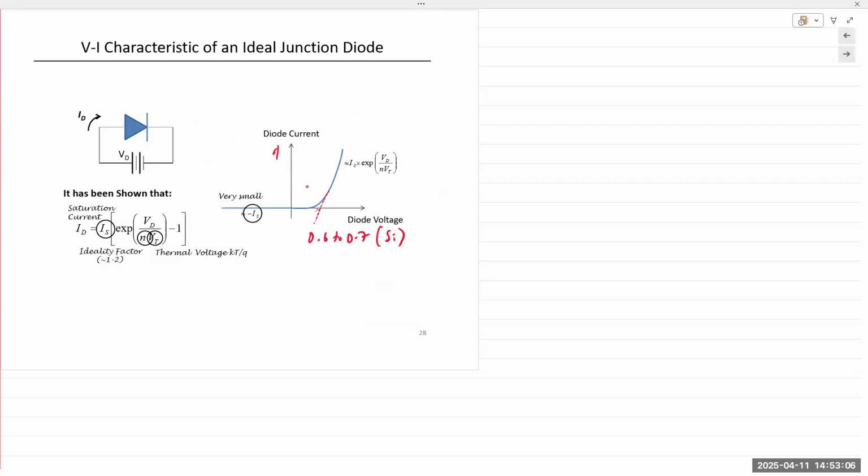This is voltage, this is current, so plus V, plus I, this is minus V and minus I. The first quadrant is forward bias, the third quadrant is reverse bias. You apply a positive voltage, you get a positive current. You apply negative voltage, you get negative current. The negative current is so small, it's typically around 10 raised to minus 9 to 10 raised to minus 12 range.